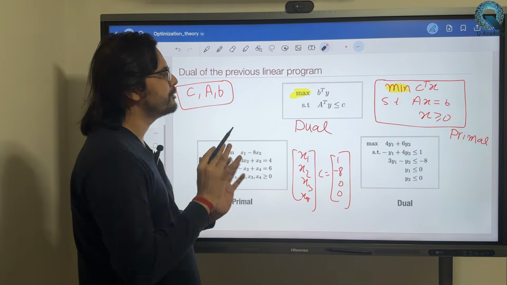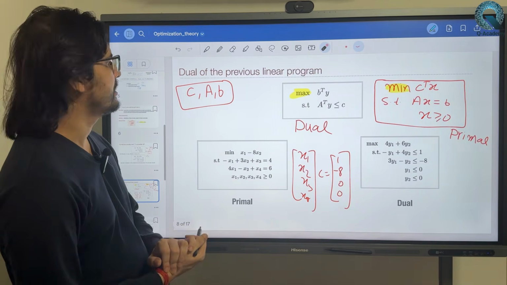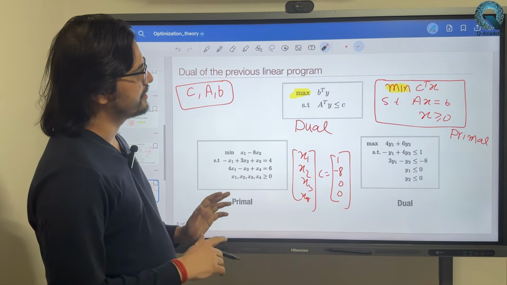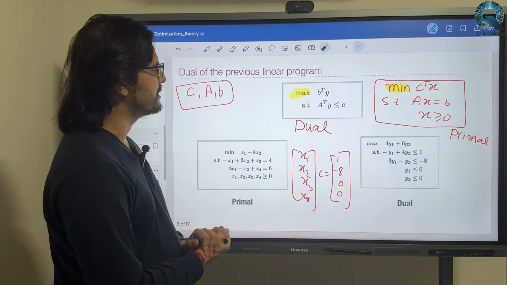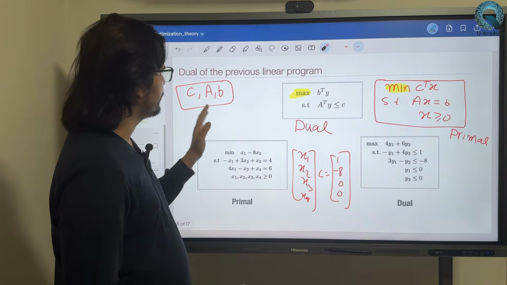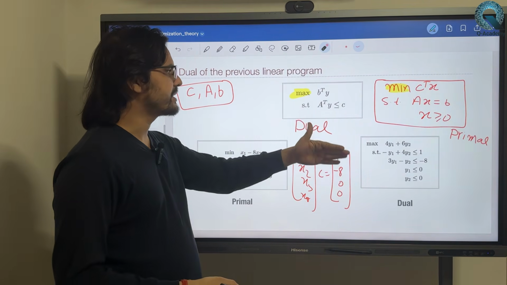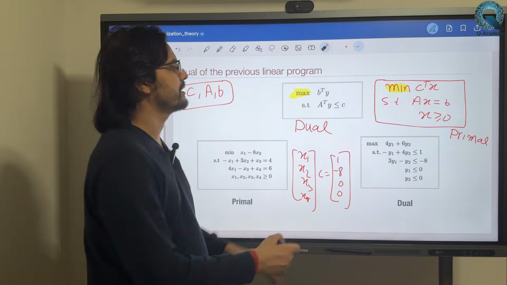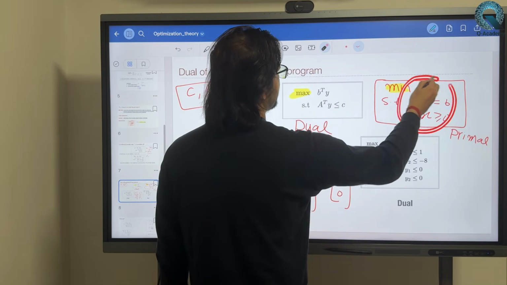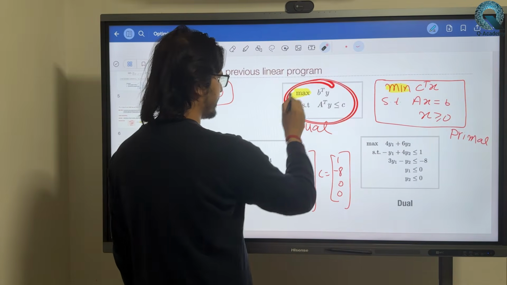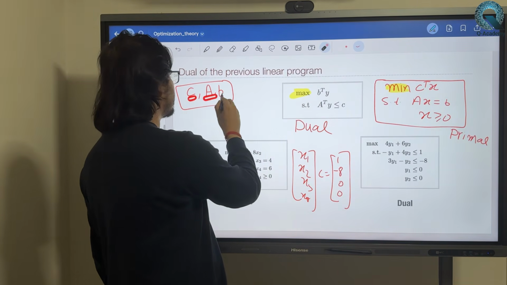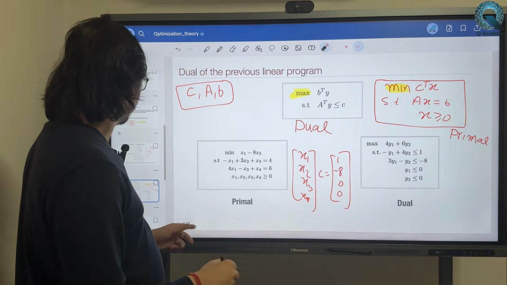But here I am giving you a relatively straightforward approach where you just write it in the standard form and then use the fact that given such a primal formulation, the dual formulation is given like this. So you just have to extract C and B and go from primal to dual.